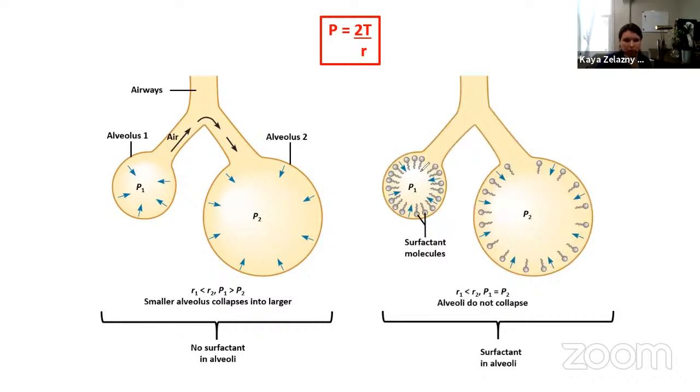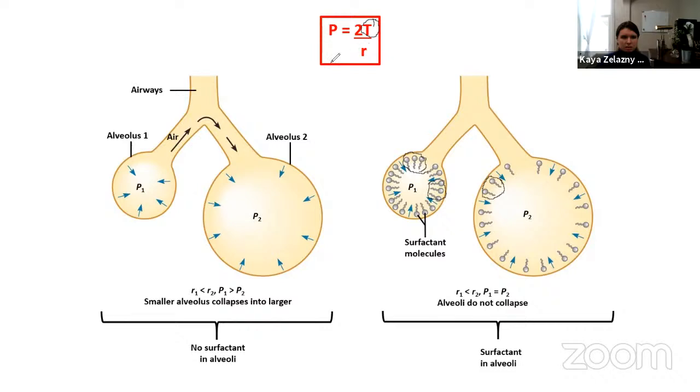So you'll note here, our surfactant molecules are these squiggly guys. They might kind of look like phospholipids, but they're surfactant. We can see that there's a lot more surfactant here in the smaller alveolus than in the larger one. And the reason for this is that we're going to have to combat this effect of radius. So T here has to do with the surface tension.